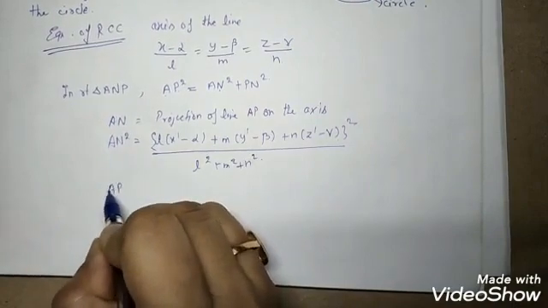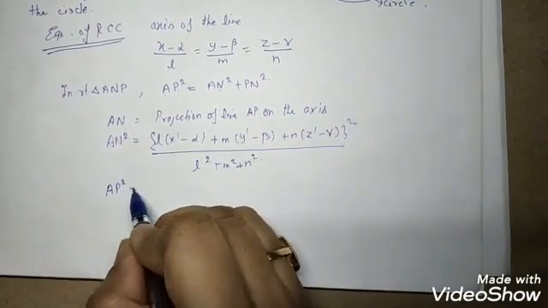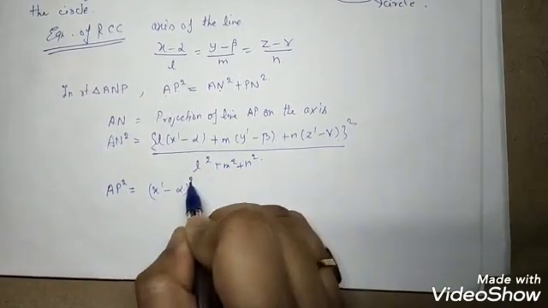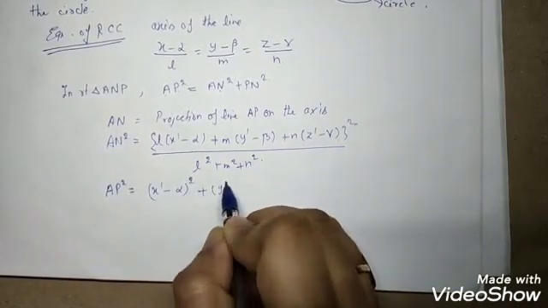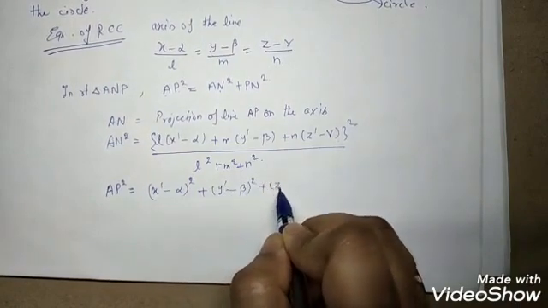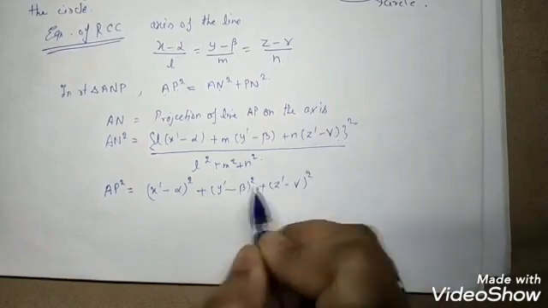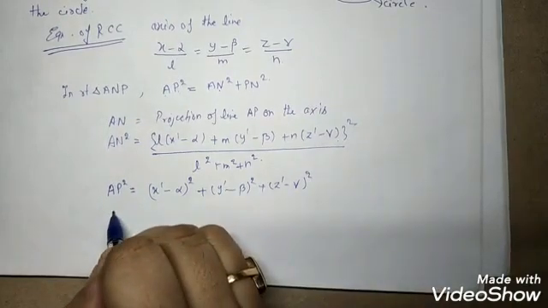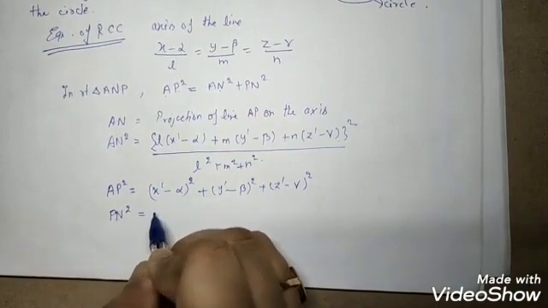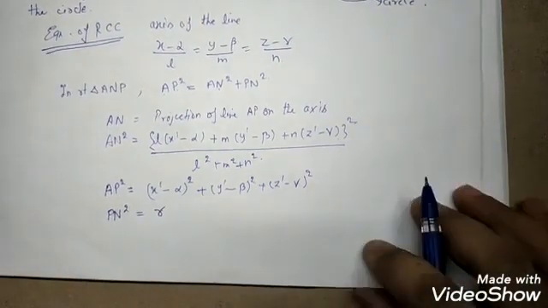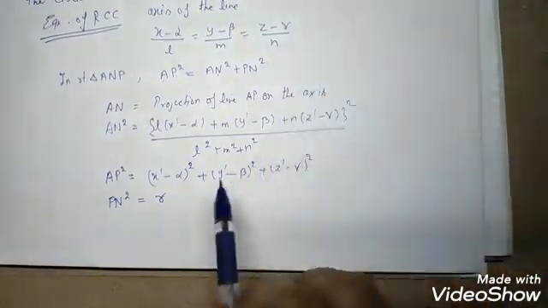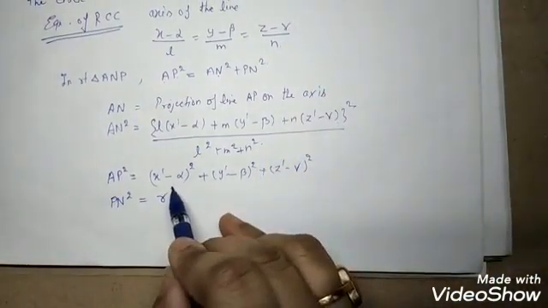AP square is the distance between the 2 points A and P, so this is (x dash minus alpha) whole square plus (y dash minus beta) whole square plus (z dash minus gamma) whole square. And PN is the radius of this base circle, or the radius of the right circular cylinder.